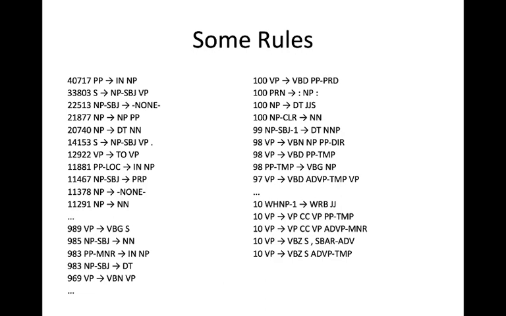Then there are very few rules that occur a lot, and then there are many rules that occur some, and there are even more rules that occur very rarely. So all of these rules only occur 10 times. In fact, the largest number of rules only occur once.